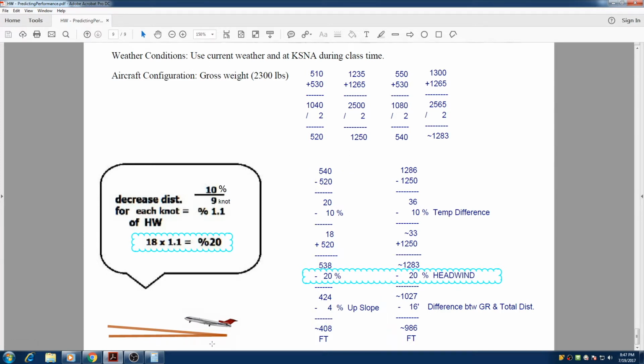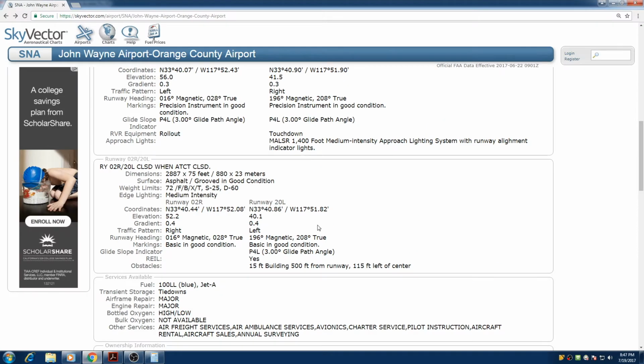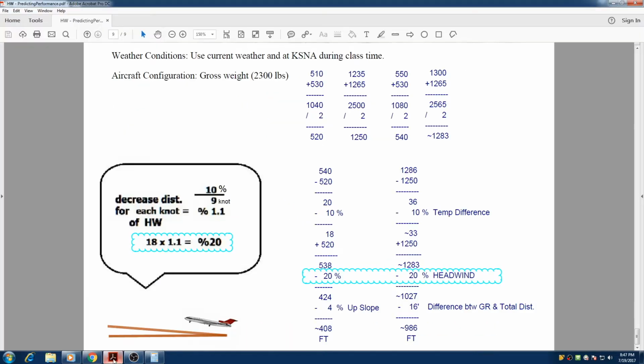Because at John Wayne we have runway 20 left, right here, so we have 0.4% of upslope. As a rule of thumb, each 1 degree is 10%. So we have 0.4 degree, so we have 4%. So here we decrease 424 by 4%, we get 408 feet.